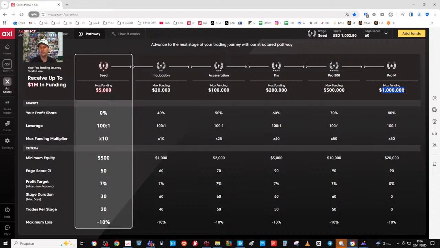Try to open your mind to possibilities that you can buy a car next year with trading. You can buy maybe not a new house in Dubai, but whatever. But if you can make 10%, make sense, everybody? And they give you your profit share.